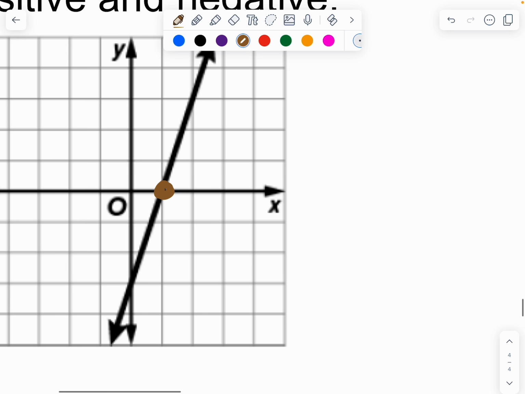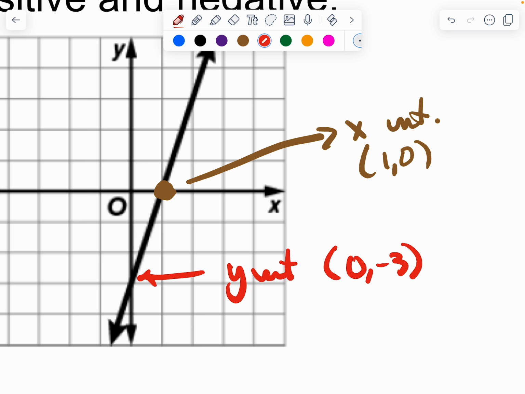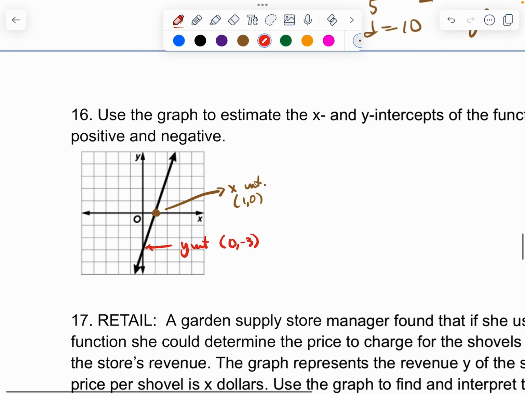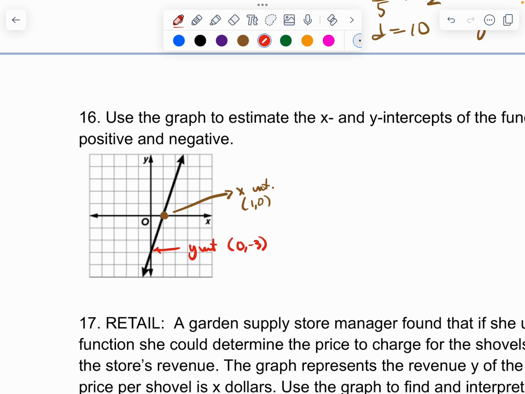Use the graph to estimate the x and y intercepts. So the x-intercept is going to be 1, 0. The y-intercept is going to be 0, negative 3. And then it says, describe the function as positive or negative. Okay, so this part right here is positive.